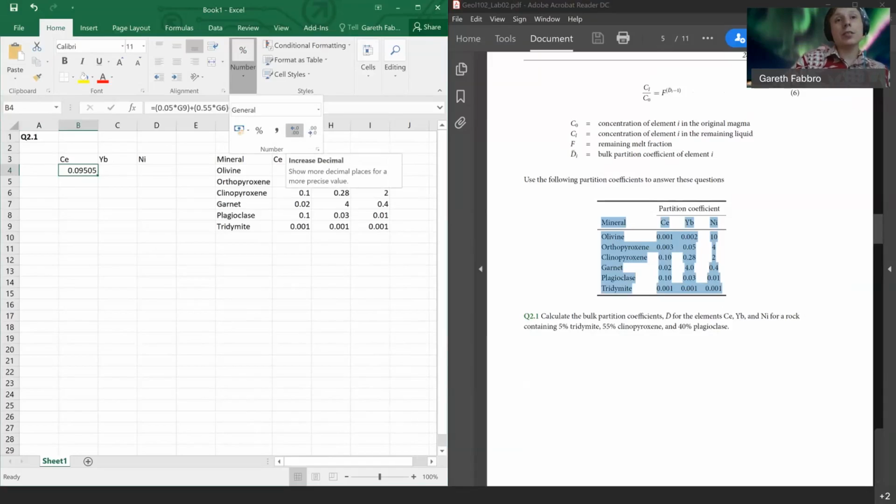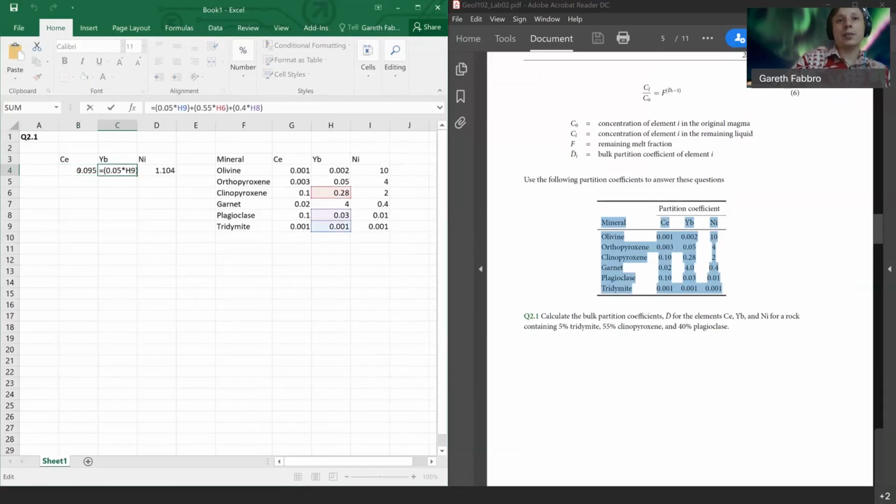So I'm just going to reduce it to show 2 significant figures in this case, because there are some numbers that are 2 significant figures. And in this case, I can just drag it across, and Excel will automatically move the cells. Because I've moved one cell to the right, it's moved all the input cells one to the right. So it's giving me the partition coefficients for each of the other elements.